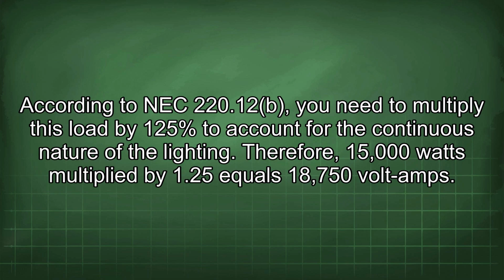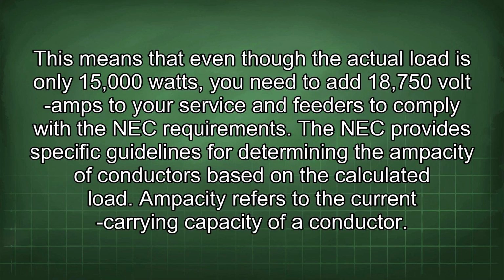According to NEC 220.12, you need to multiply this load by 125% to account for the continuous nature of the lighting. Therefore, 15,000 watts multiplied by 1.25 equals 18,750 volt amps. This means that even though the actual load is only 15,000 watts, you need to add 18,750 volt amps to your service and feeders to comply with the NEC requirements.